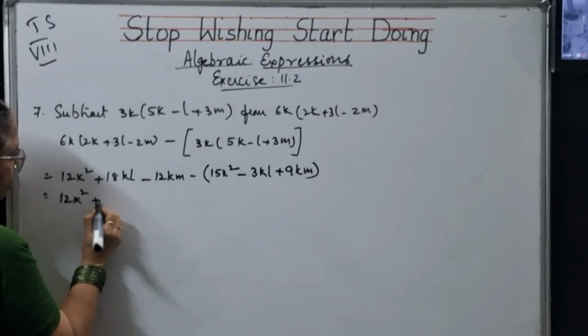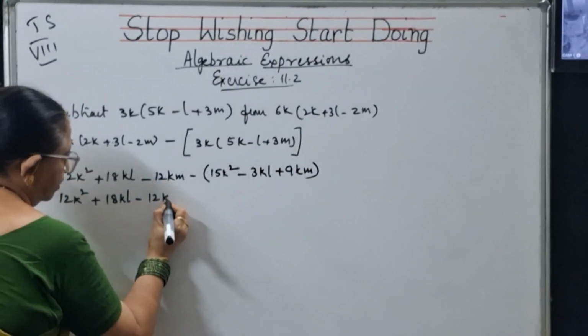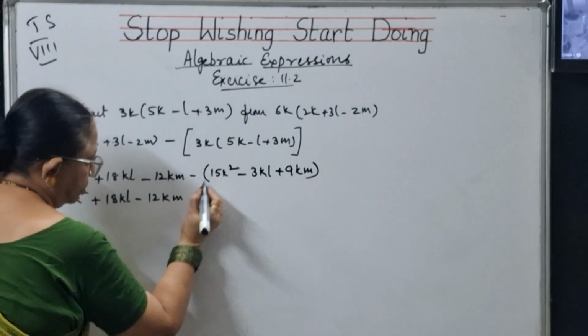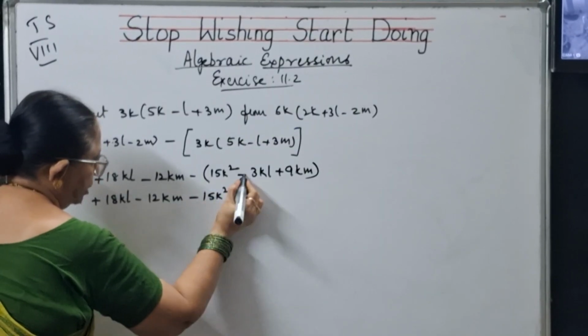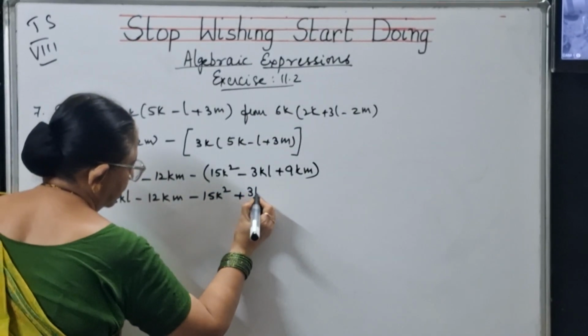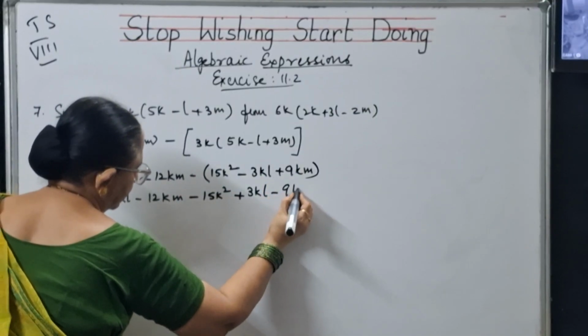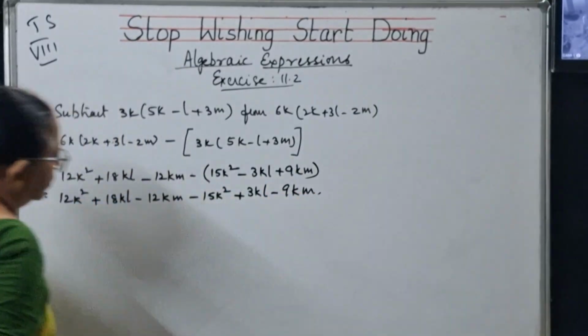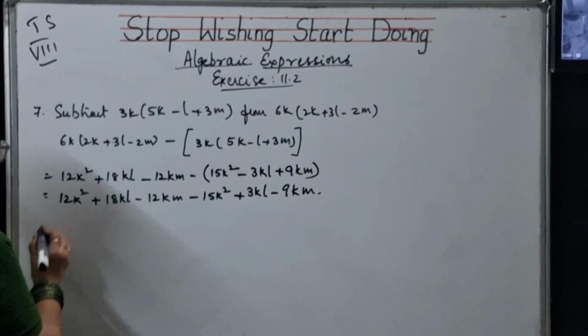12k square plus 18kl minus 12km, minus into plus minus 15k square, minus into minus plus 3kl, minus into plus minus 9km. So now we have certain like terms.